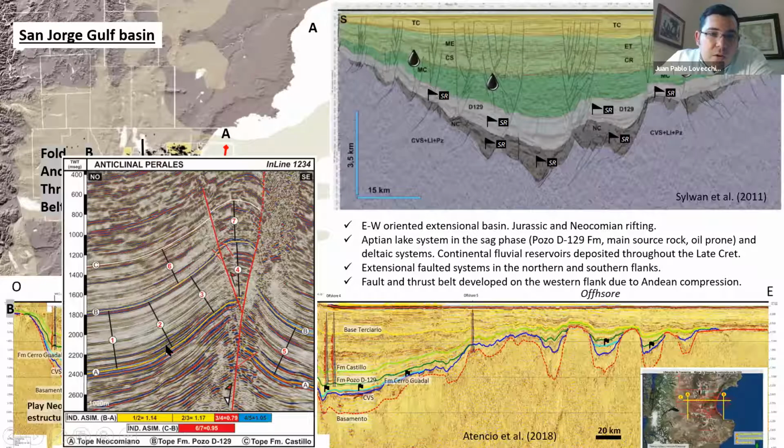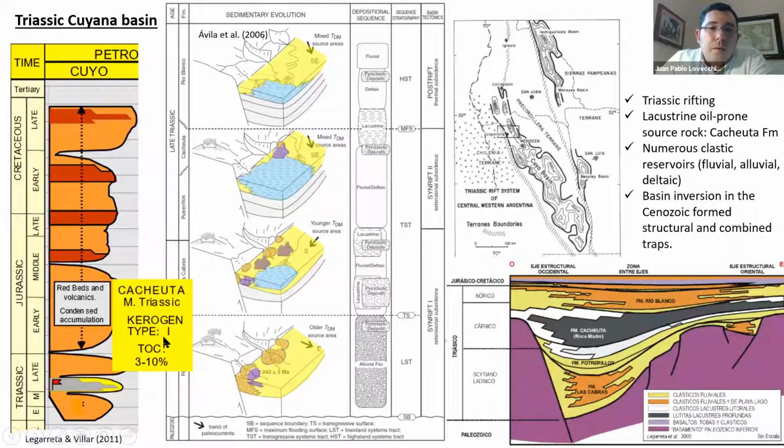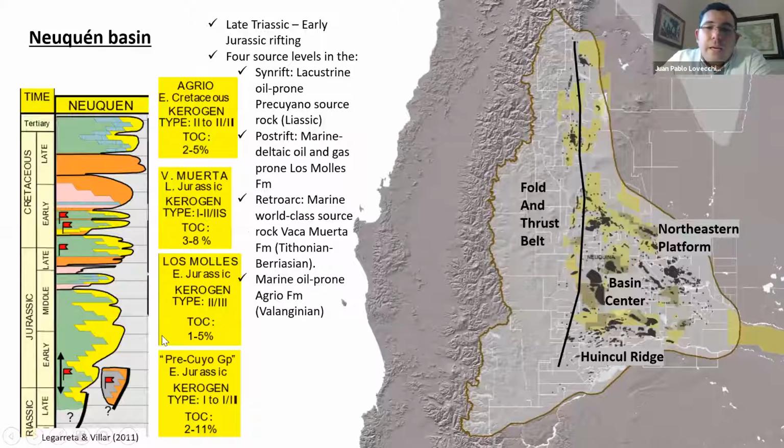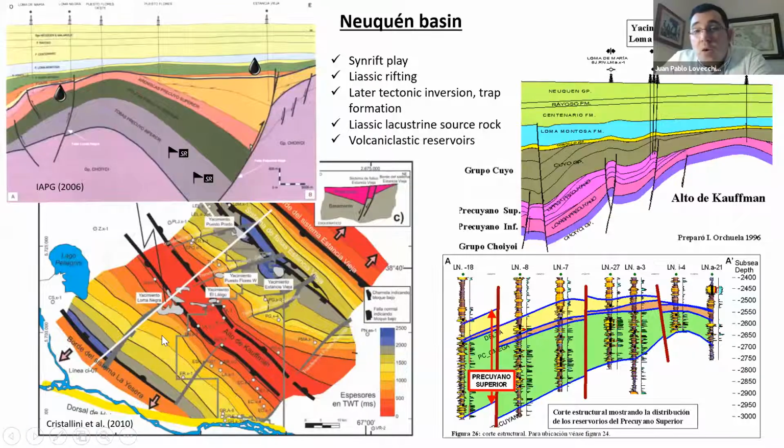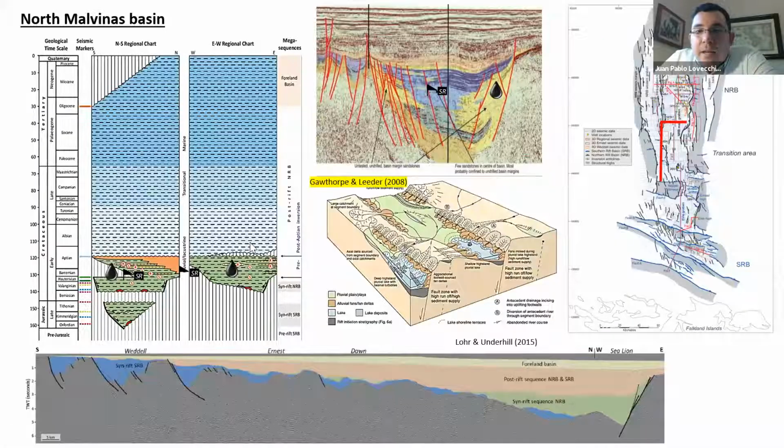This is here north of the Malvinas Islands, the North Malvinas Basin. It is a Neocomian rift system with development of an Aptian lake, similar to the San Jorge Gulf Basin.